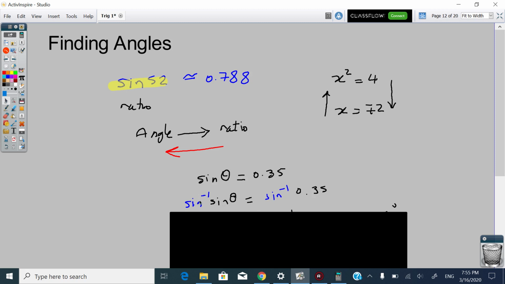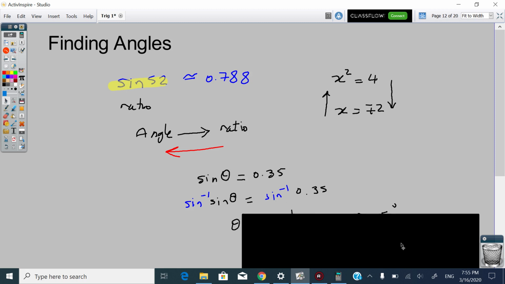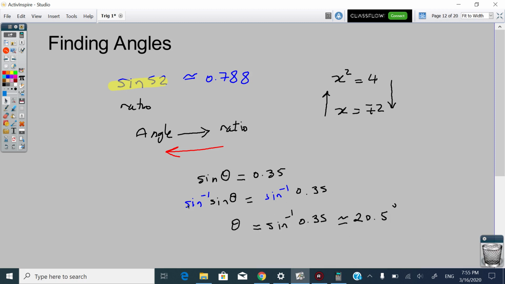So we have sine inverse of sine theta equals sine inverse of 0.35. Now obviously the sine inverse of sine theta is theta, just like the square root of x squared is x. Sine inverse of sine theta is theta, and we're left with sine inverse of 0.35.